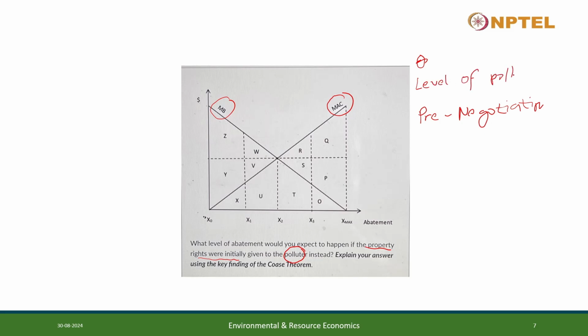So if there is no negotiation between the polluter and pollutee, then what will be the case? And in the second case, if there is negotiation, then what will be the value of pollution?